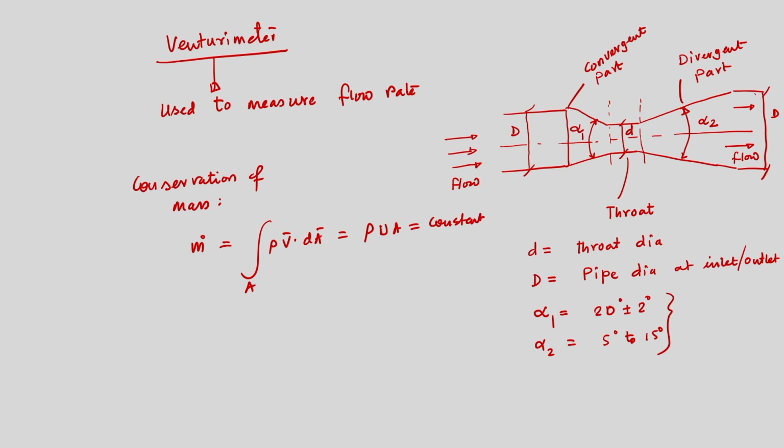Conservation of mass requires that the flux through any cross section of a tube be constant.